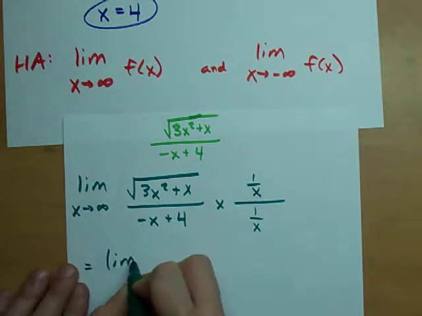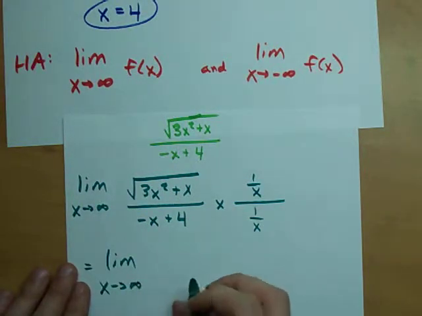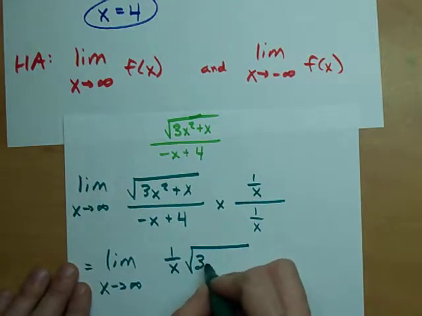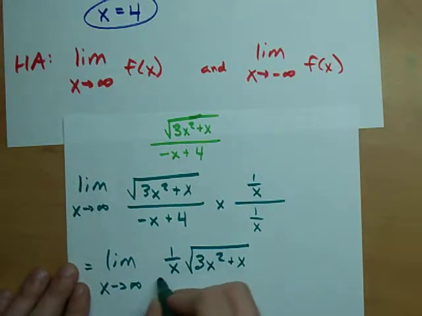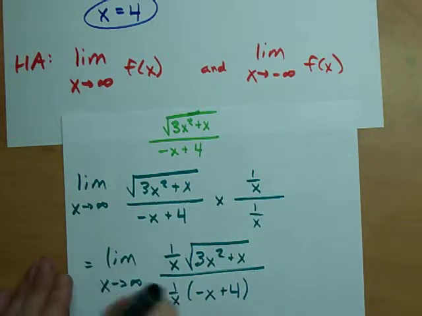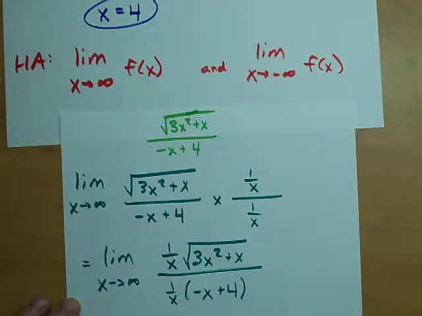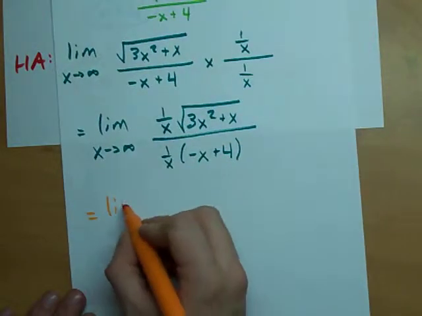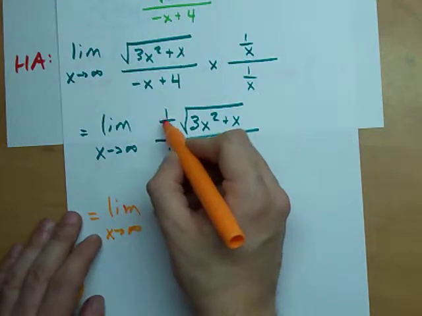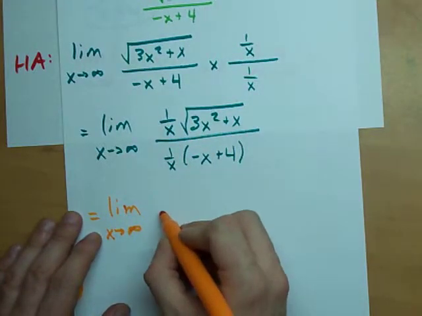This now equals the limit as x approaches infinity of 1 over x times the square root of 3x squared plus x, all over 1 over x times negative x plus 4. When I multiply that in, here's what happens. Multiply 1 over x into the square root.